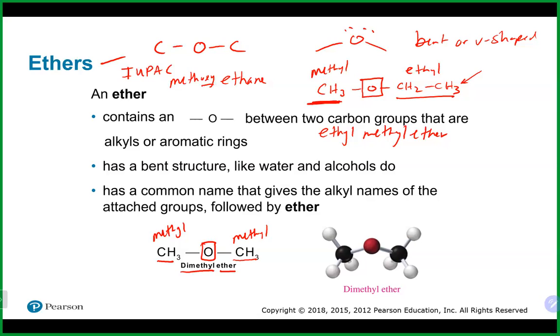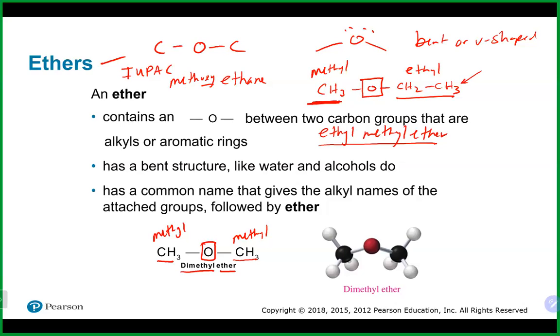Oxy for the shorter carbon group, and then ethane for the longer carbon group. So that's the more formal way of naming it. We will go with the common way of naming, but just in case that other way pops up, that is how you do it. Longest carbon chain, name it like a normal alkane. The shorter carbon chain gets the oxy part at the end of the name.